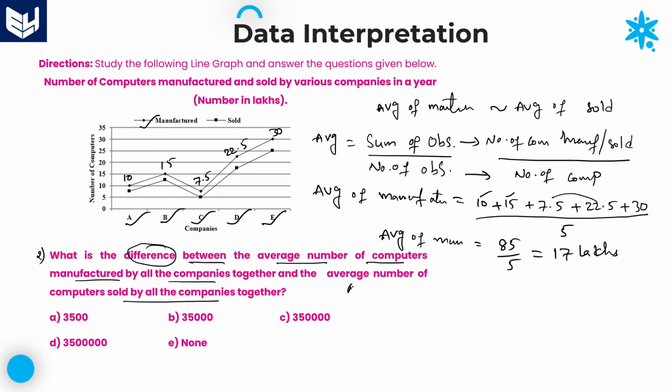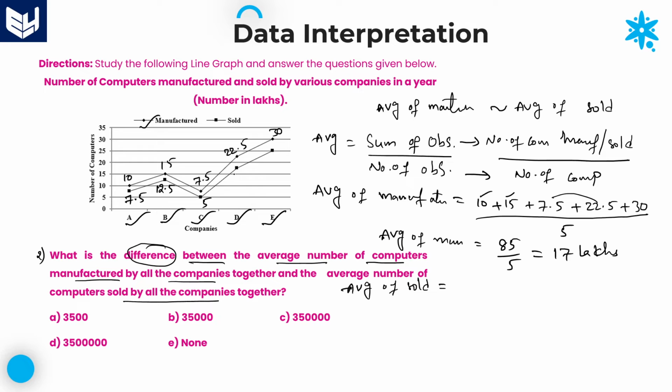Now I have to calculate the average of computers which are sold. Note down the values over there. Here this is between 5 and 10, therefore 7.5. Next one is between 10 and 15, so this value is 12.5, and it is 5.